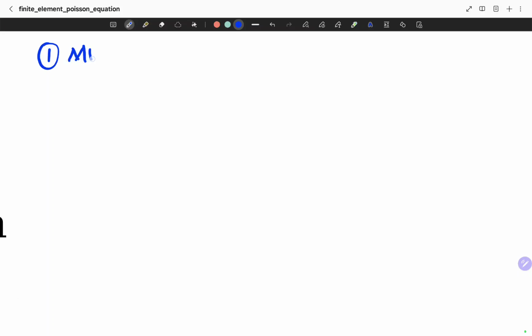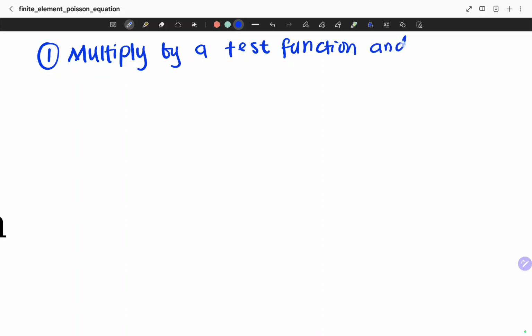is to multiply by a test function and integrate along the domain.